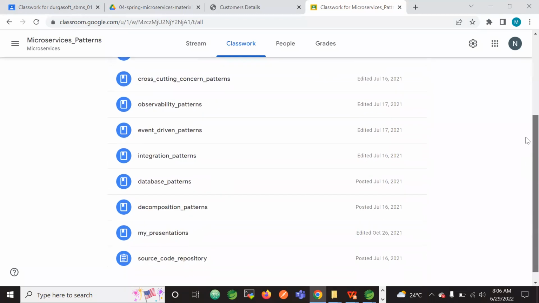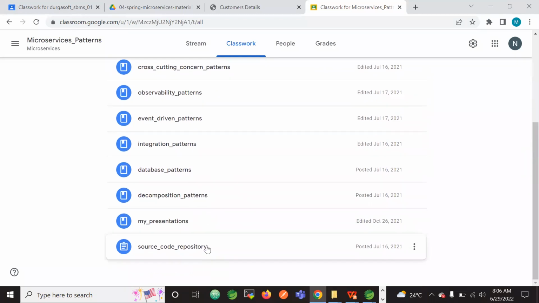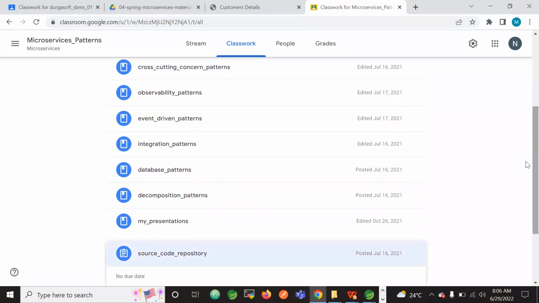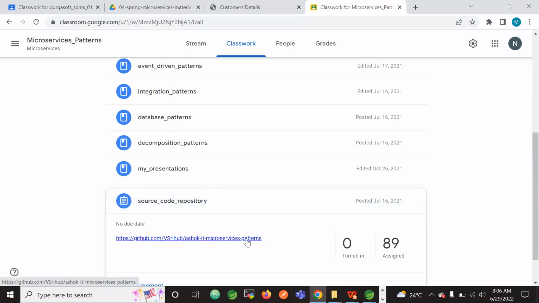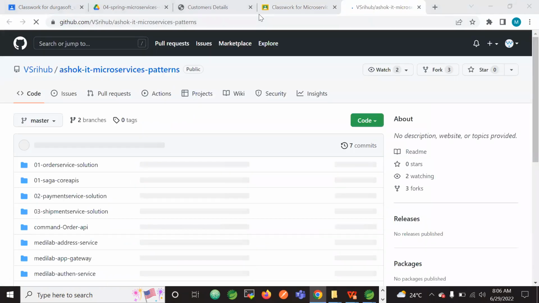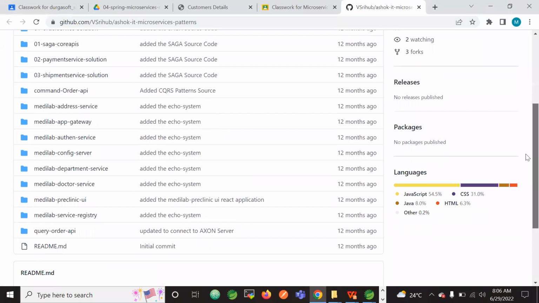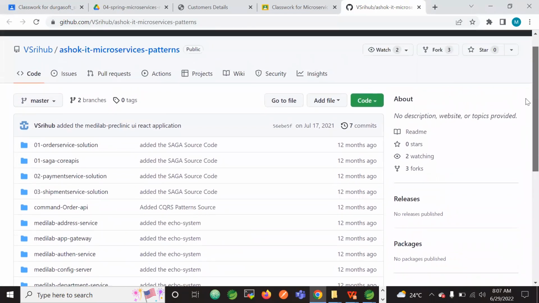Okay. All the material you can get from the Google Classroom related to each and every pattern. Plus the entire source code I have already uploaded. So this is the source code of these microservices patterns.